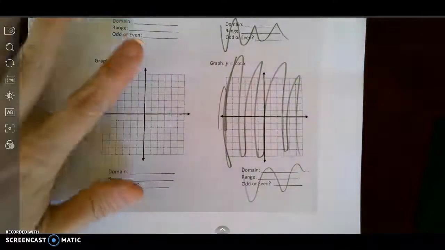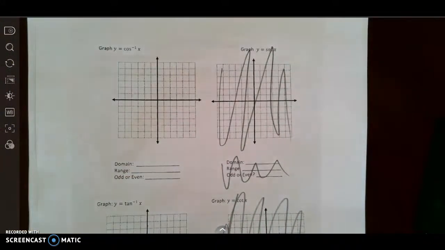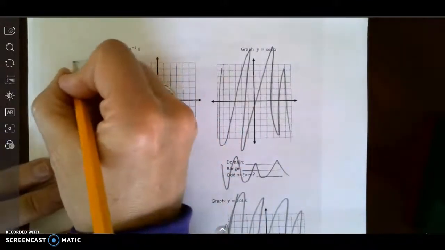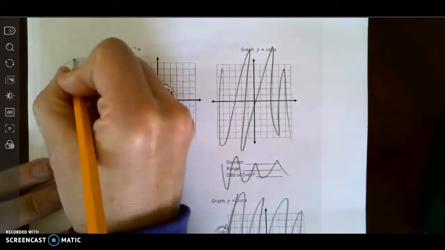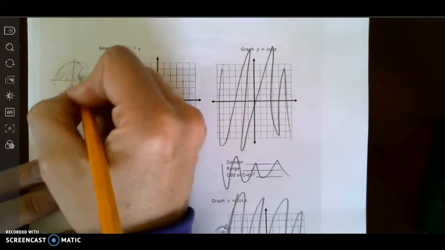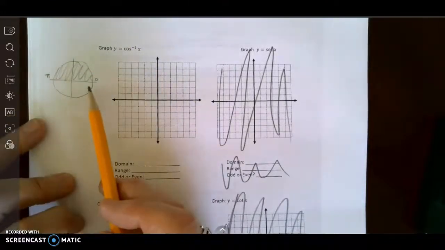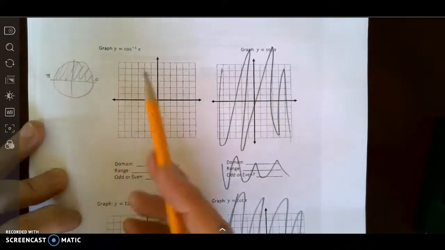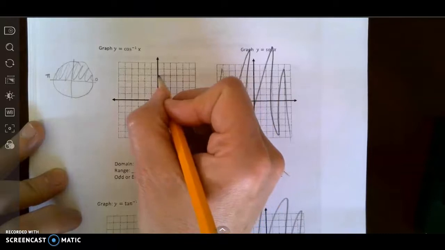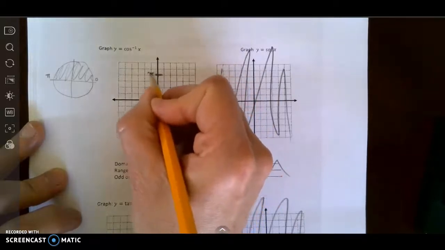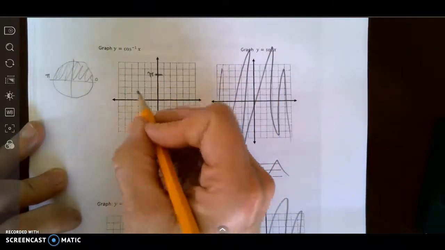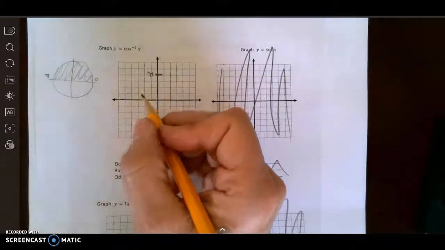Now let's go to inverse cosine. And so for inverse cosine, I remember that I'm only looking at the top of the unit circle that goes from 0 to pi, which would normally be my x-axis, so now it's going to be my y. I'm going to call this pi. And my y-axis is usually negative 1 to 1.